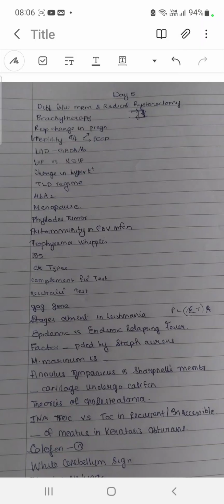So, the difference between modified radical hysterectomy and radical hysterectomy. You have to remember that mostly we remove everything by half in modified radical hysterectomy.